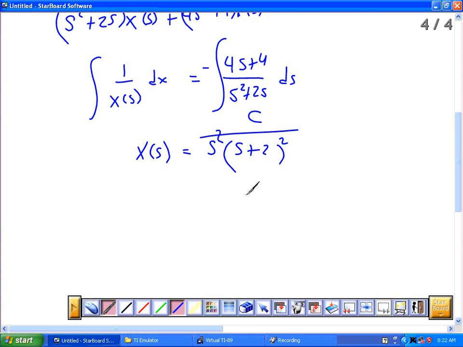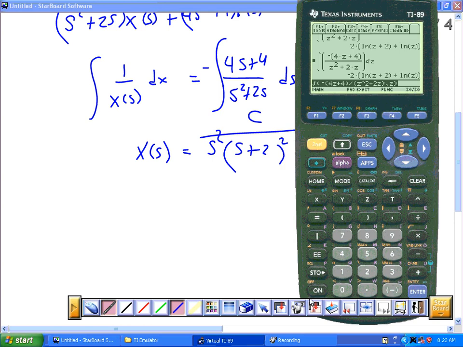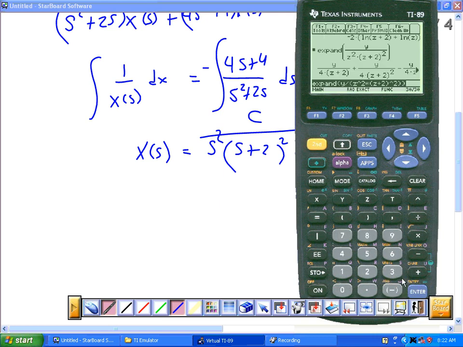x of s is this thing right here, and if we go back to the 89 and we type it in just like that, except we do expand, and again we should put a variable on top for a constant, and what you're going to see is when we do that, it's going to blow it up into 1,000 pieces, all of which have a y over 4 involved in them.